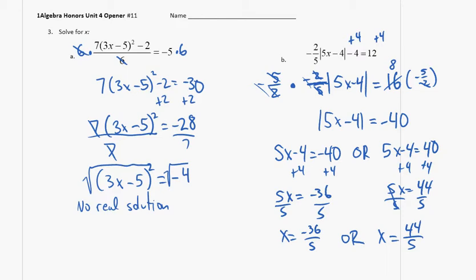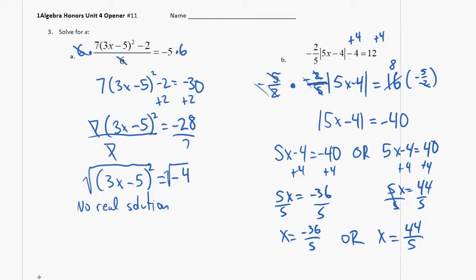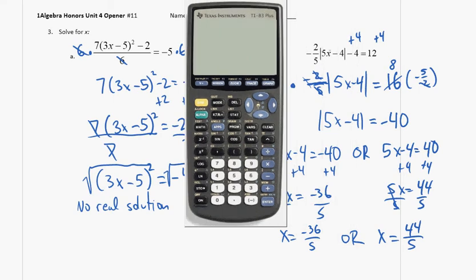And let me quickly show you, first of all, that in fact these answers don't work. So I'm just going to substitute the first answer here, negative 36 fifths, back in the original equation. And I'm going to see if I really get 12 as the answer. So let me try.